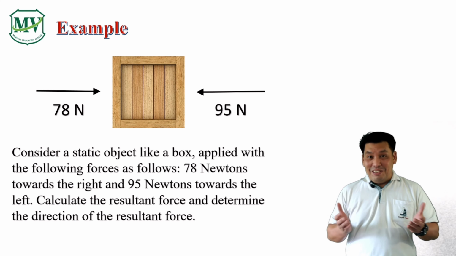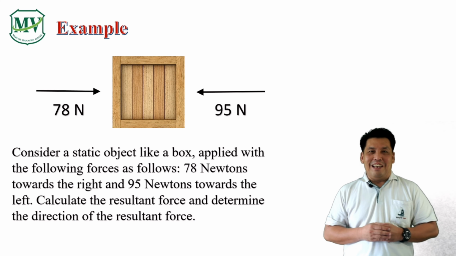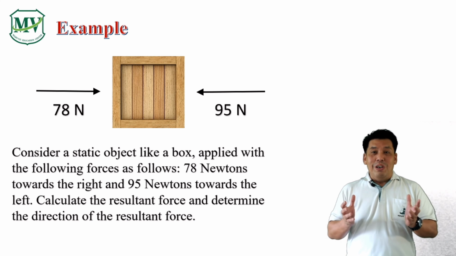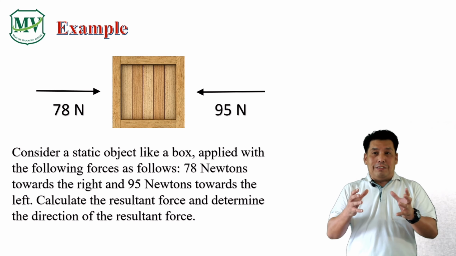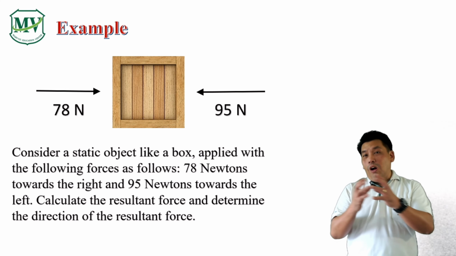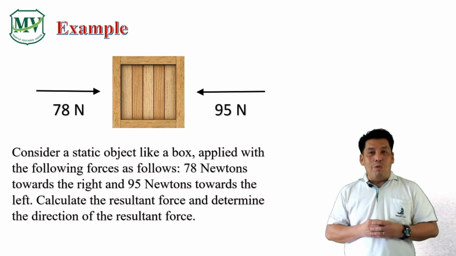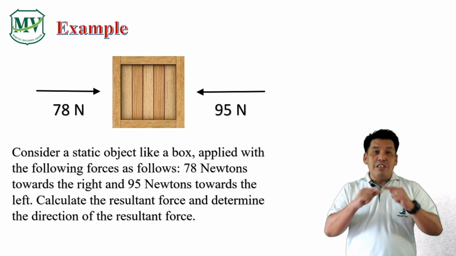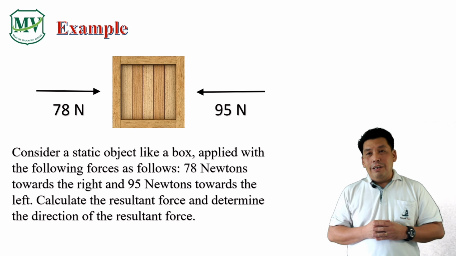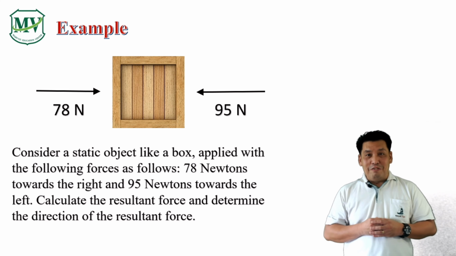The answer is yes. Definitely yes. All you have to do is to determine all forces acting on this static object, then group together all forces coming from the same direction, add them up, and whatever the sums are, subtract them from each other. Then you will have your resultant force.